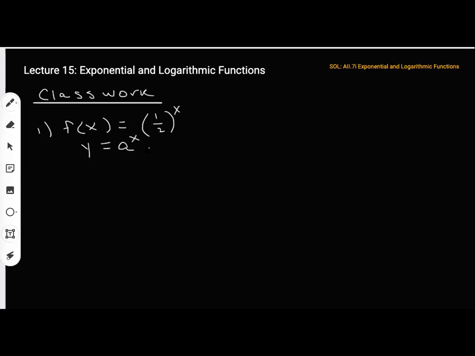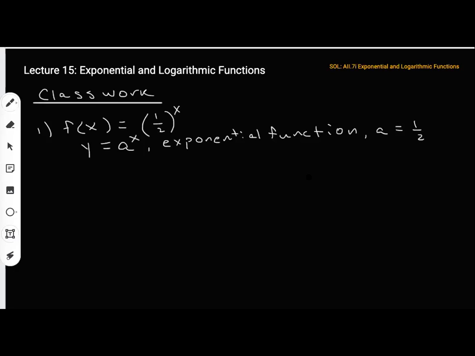We can say that it's an exponential function. That's how I would describe it in words. Now that a is going to be the base. It's just going to be a number. So in this case, a is going to be 1/2.